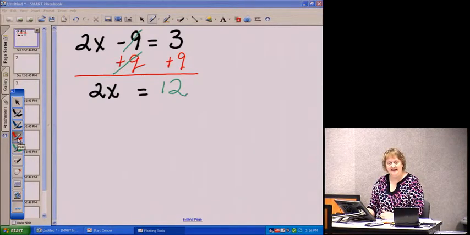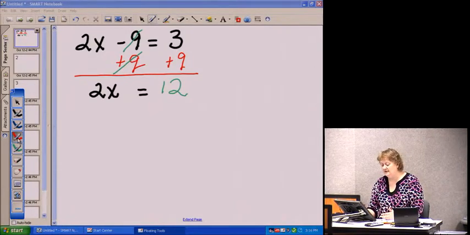To get the x the rest of the way by itself, I need to think about how 2 and x are related. 2 and x are related because I've said 2 times x gives me 12. So 2 times x gives me 12 means that 2 is multiplied with the x. So the inverse of multiplication is division.